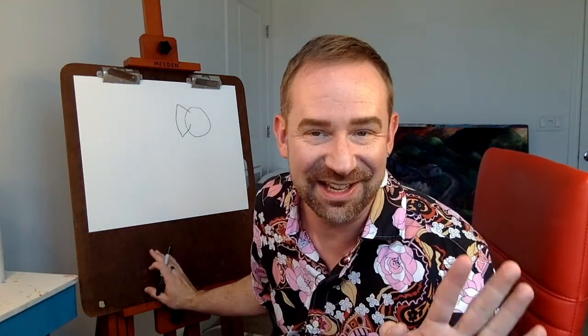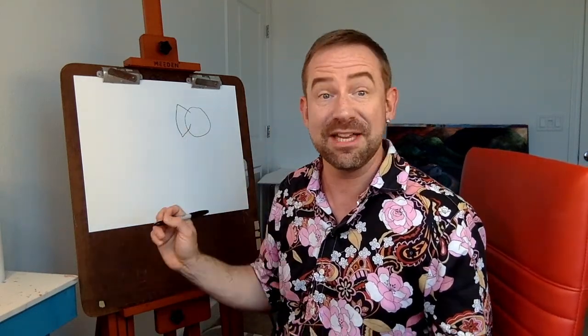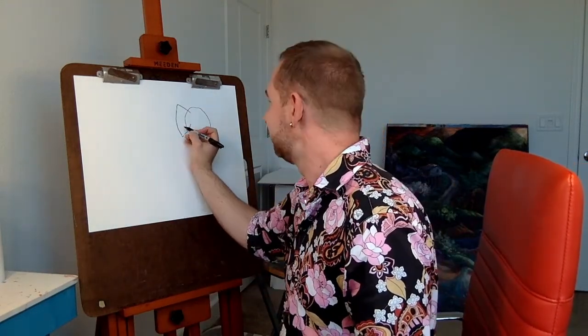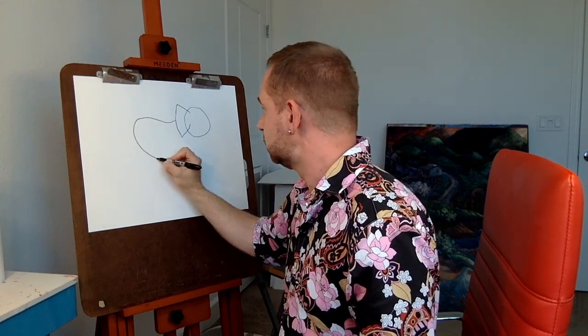Don't worry, it will. All right, now we're going to draw the body. The body is like a big oval, like a big jelly bean. Okay? Ta-da! Can you tell what this is yet? We're almost there. Just wait.